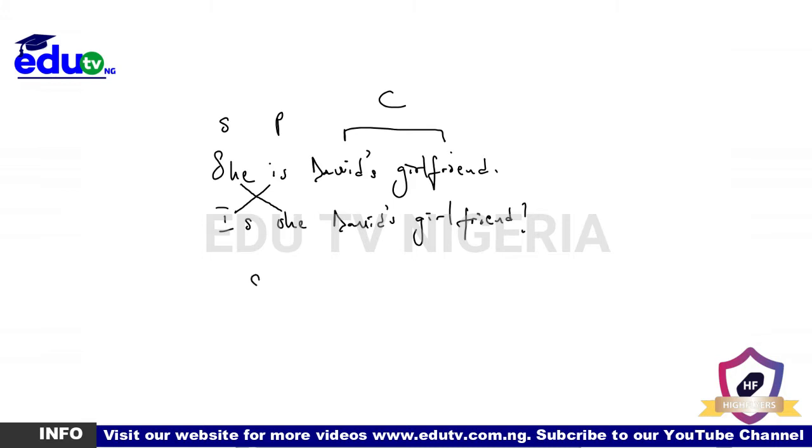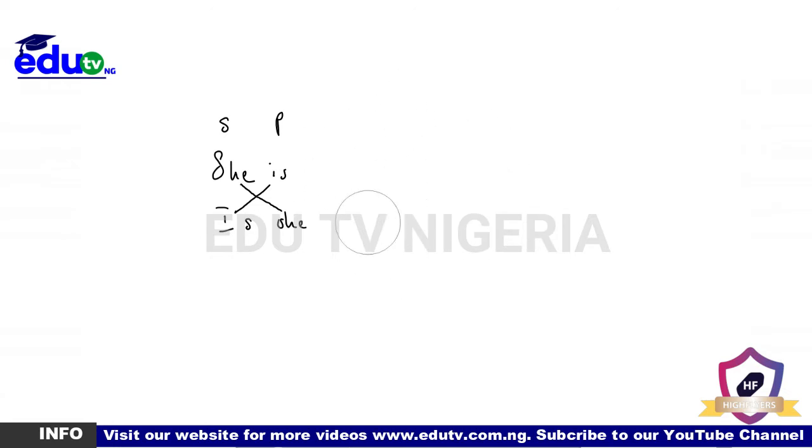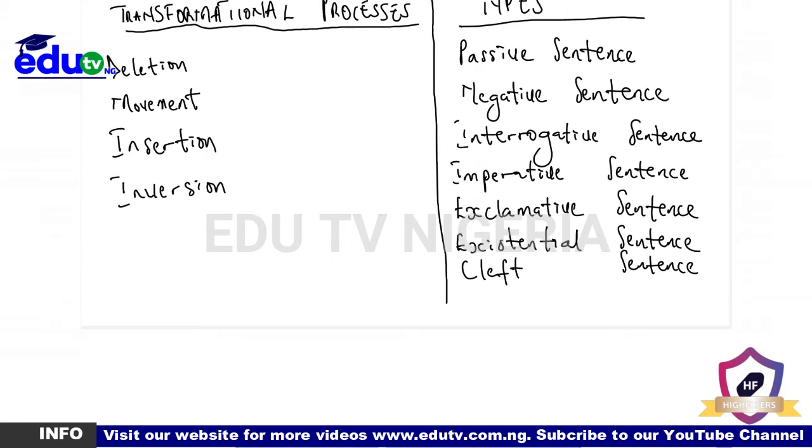So this is what we call an instance of a subject verbal inversion. So this is an instance of inversion, and this is one of the transformational processes that occur in the formation of non-basic simple sentence.